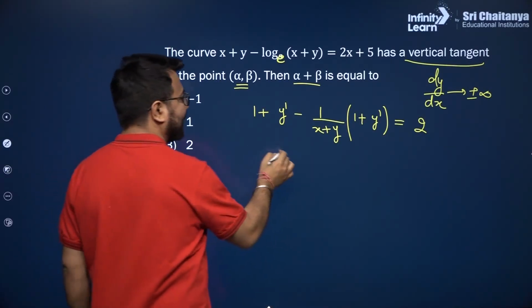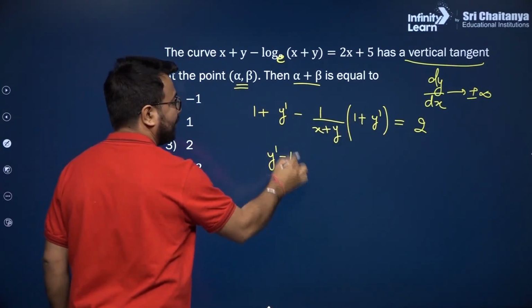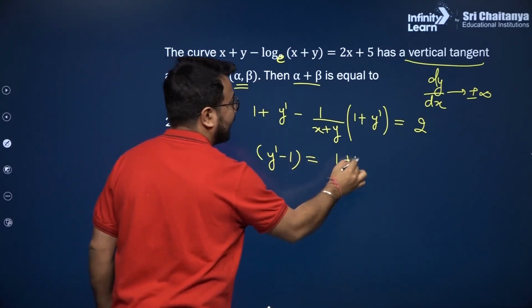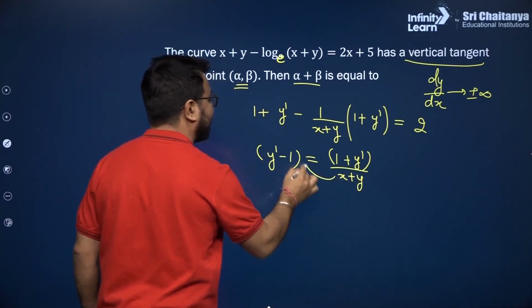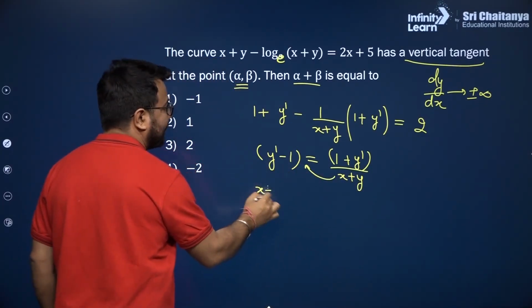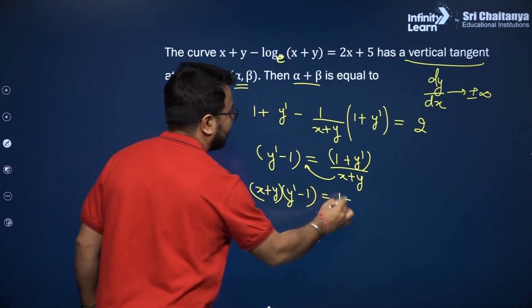So I will bring this 2 here, I'll be left with y dash minus 1, and I take the expression (1 plus y dash) upon (x plus y) here. Taking x plus y here, I'll be left with (x plus y) into (y dash minus 1), and here it will be 1 plus y dash.